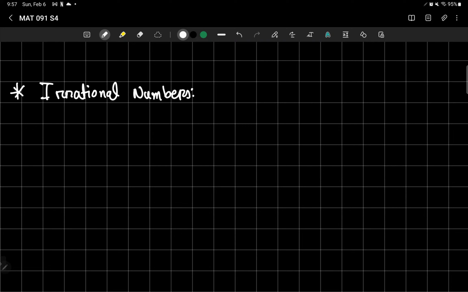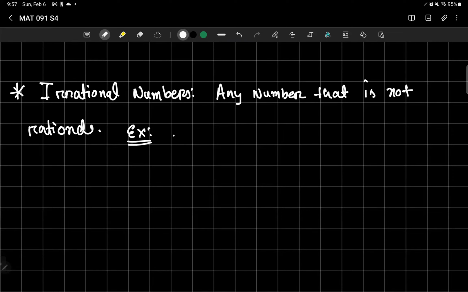What are irrational numbers? Anything or any number that is not rational. An example is square root over 2. This is an irrational number. Square root over 3 is also an irrational number.